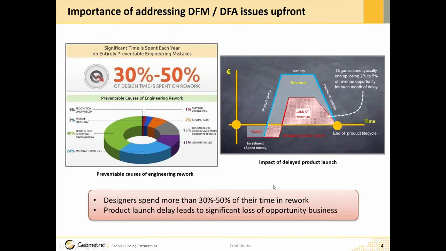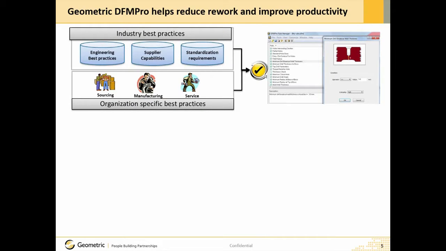And that's why it is imperative that all those requirements, where you start doing commercialization of the products, should be addressed right there at the beginning of the design process. So with the Geometric DFM Pro solution, this is what we are trying to address as a problem.